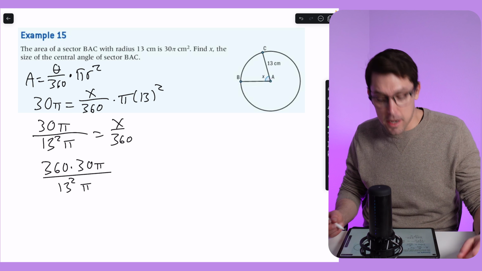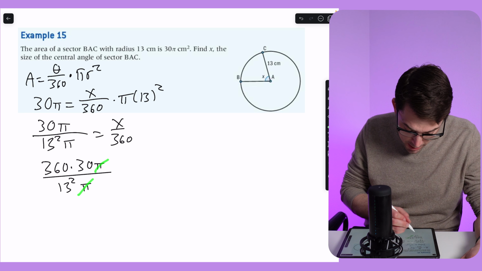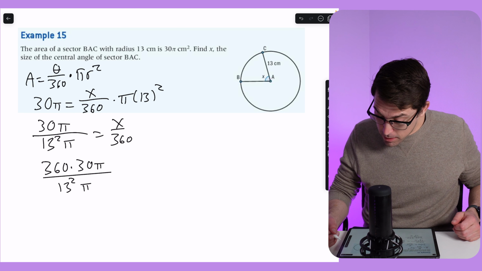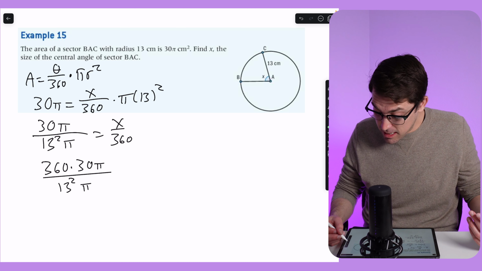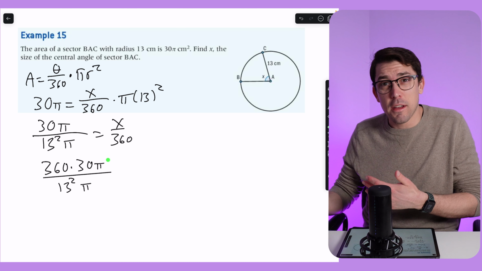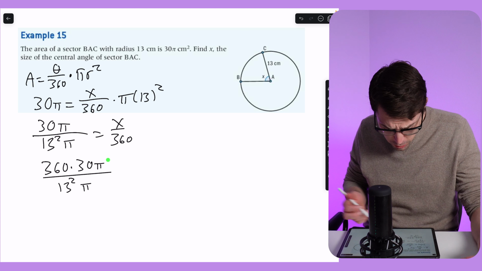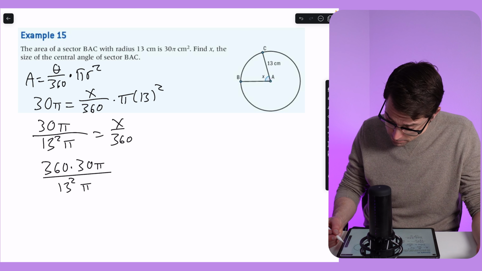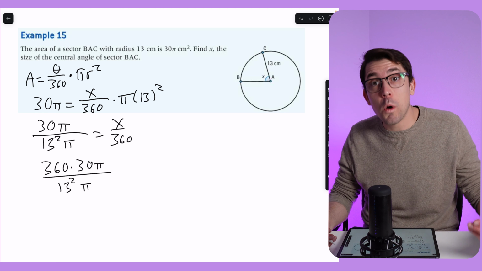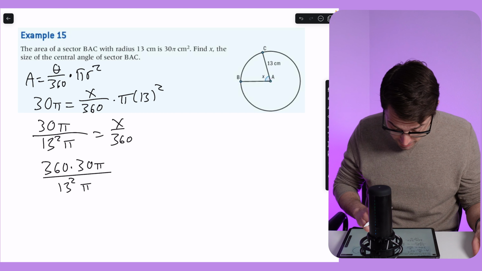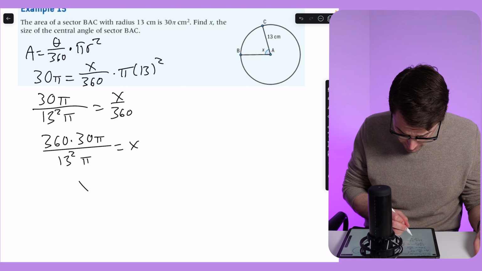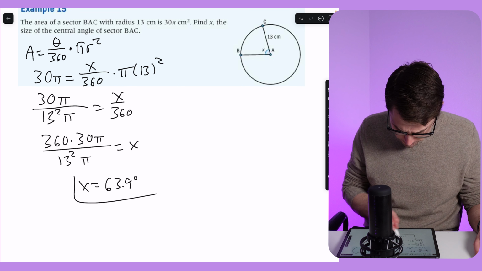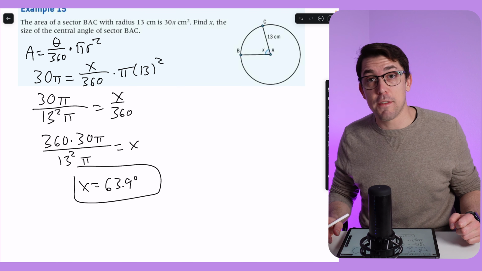Now, yours might look a lot different, but you might want to cancel out the pi's. You might want to do 13 squared and then keep simplifying down. But again, if I at least have a scientific calculator, maybe I don't have the TI-Nspire to use nSolve, I could put this into the calculator and get the correct answer. So again, if you want to keep simplifying down, you're more than welcome to. But you would end up with an answer that x is going to be 63.9 degrees. That should be your answer to 3 significant figures.